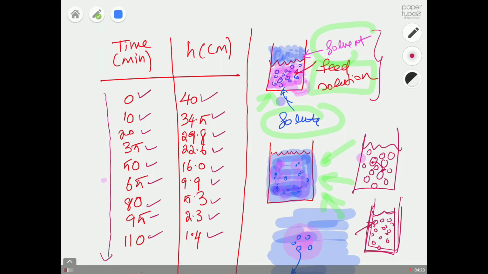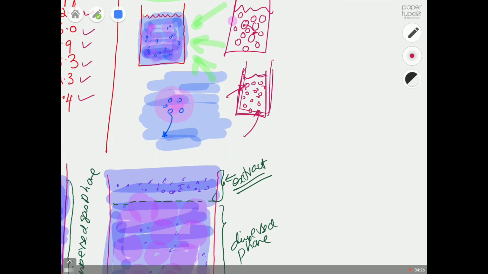There is another liquid which is carrying that dispersed phase, and we call it the continuous phase. So you have a continuous phase and a dispersed phase. That's what you should know when you are going to perform this liquid experiment.